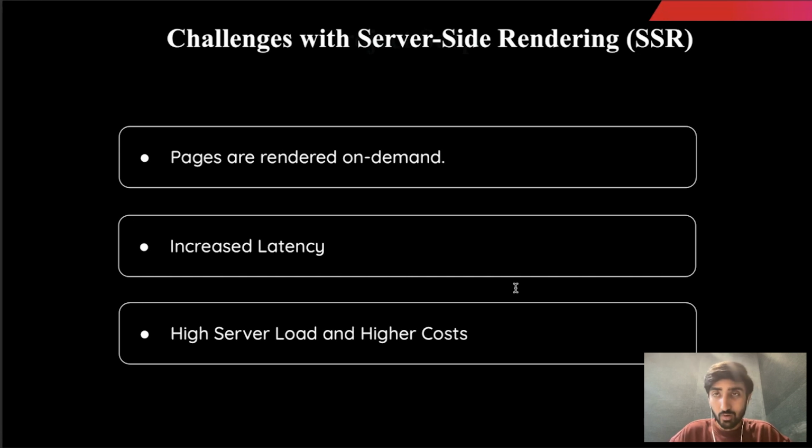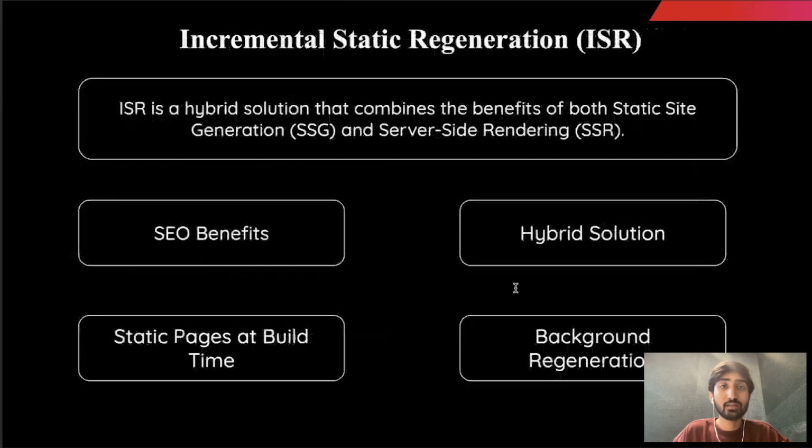So to overcome all of these, we have a new strategy in Next.js, which we call incremental static regeneration. It is a sweet spot between SSR and SSG. It provides a solution that combines the benefits of both static site generation and server-side rendering. How exactly?